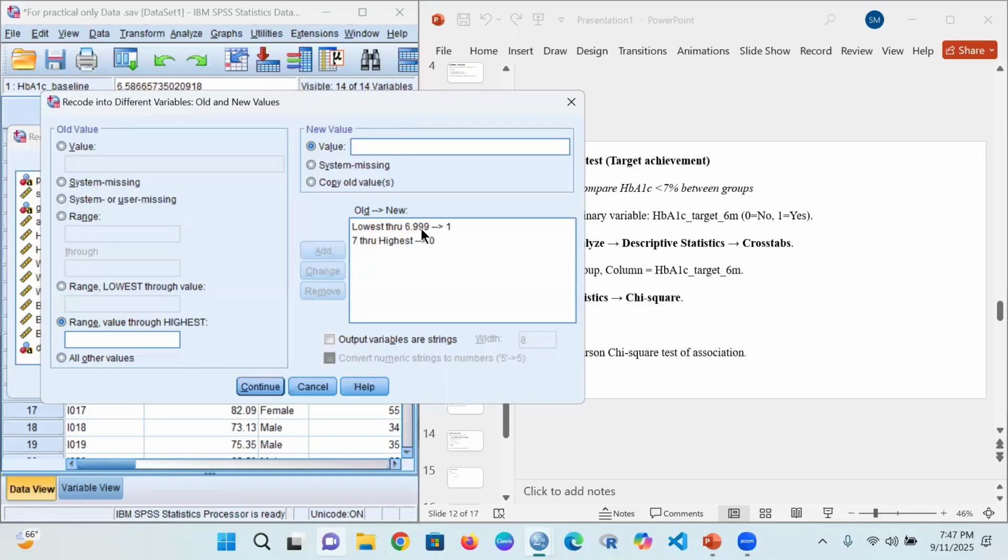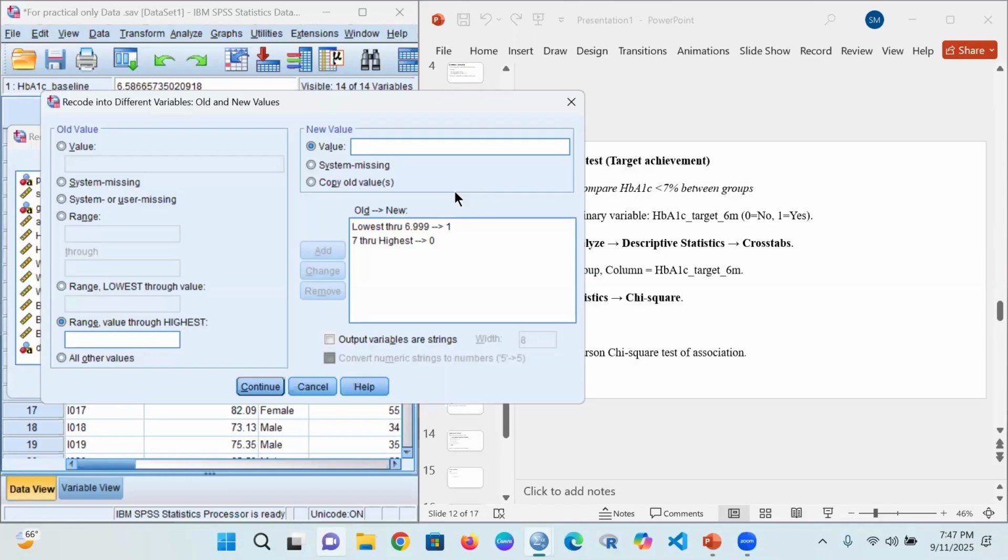So lowest through 6.99 is 1, 7 through highest is 0. This tells SPSS that for the HbA1c we recorded after 6 months, any patient who has less than 7, that is from 6.999 and below, has achieved our target, and any patient who has 7 and above has not achieved our target in our standard.